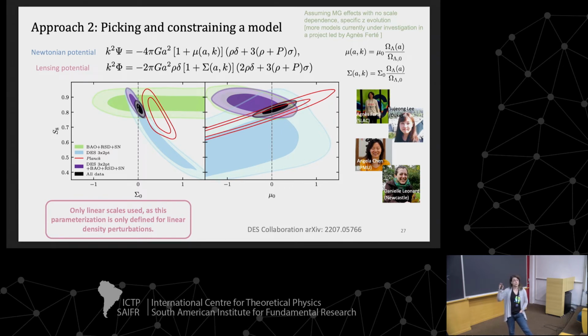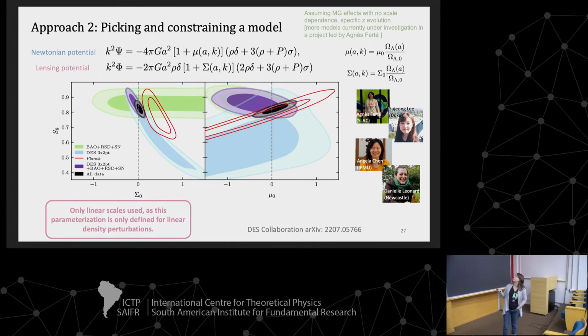For this initial analysis, we make specific choices. We assume that both of these functions are scale independent, so there's no k dependence. And we assume a specific redshift dependence: they turn on at the time of the accelerating expansion of the universe. This is a somewhat arbitrary choice, made because we're interested in accelerating expansion.